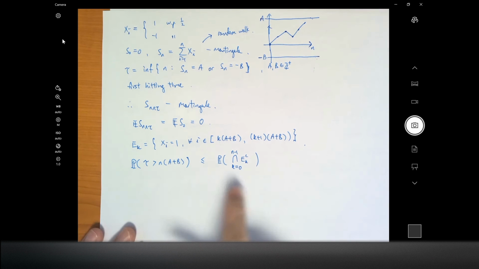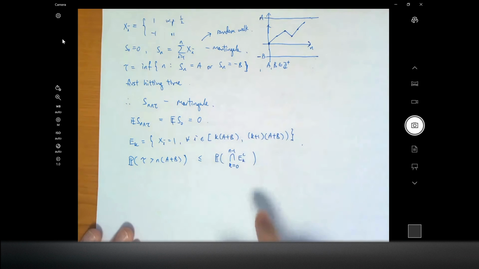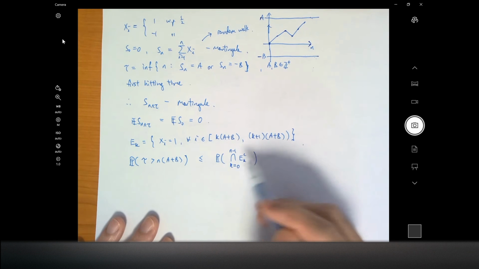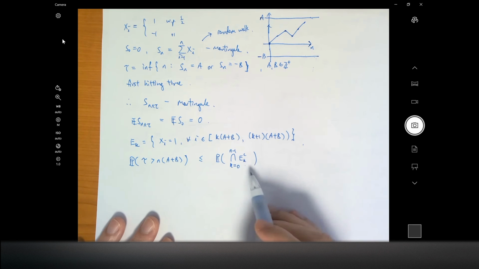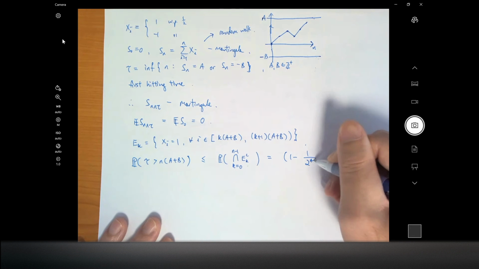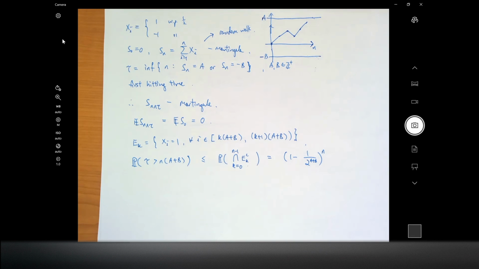Then you imply that at no point, up to n times (A+B) time, would I have hit my boundaries. To compute this, note that all these events are independent, so it's just the product of them. The probability of each event is nothing but 1 minus 1 over 2 to the power A plus B, and there are n of them, and they are independent, so that's why it's raised to the power n.